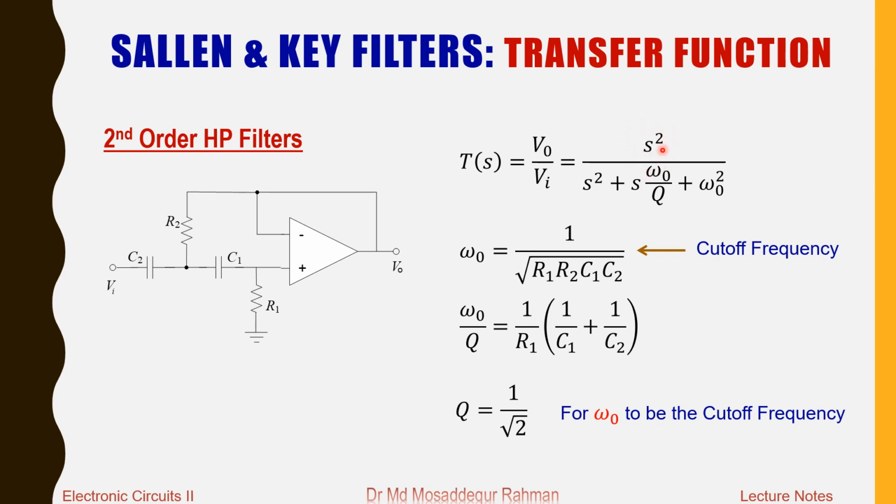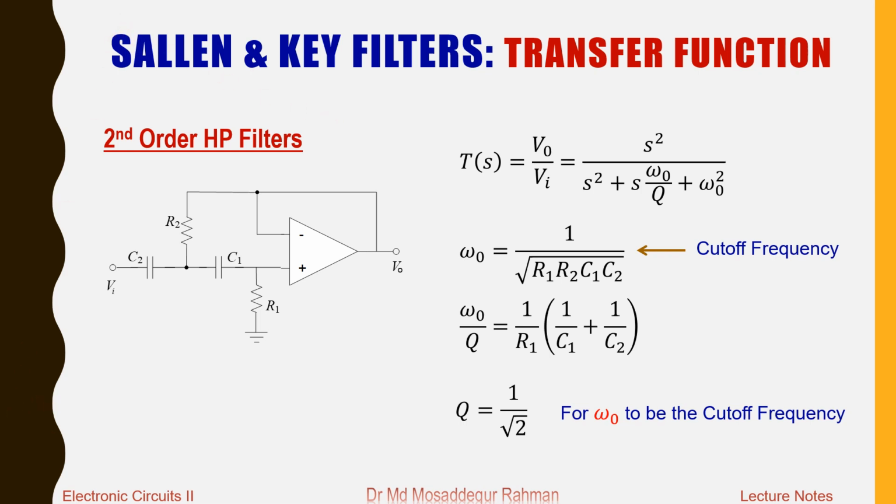So these are some subtle differences in the transfer function between high pass and low pass second order filters, and the subtle difference in the quantity Q between these two filters. You need to remember those small differences, and that's it for the Sallen and Key filters.